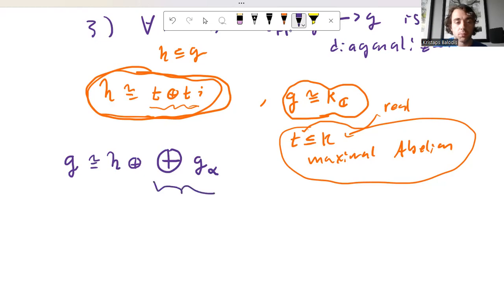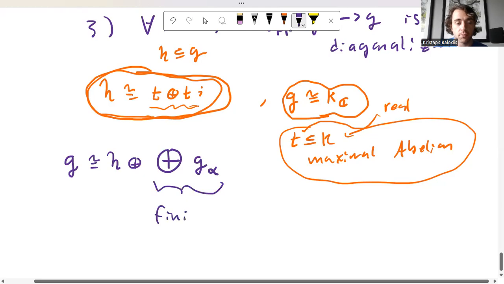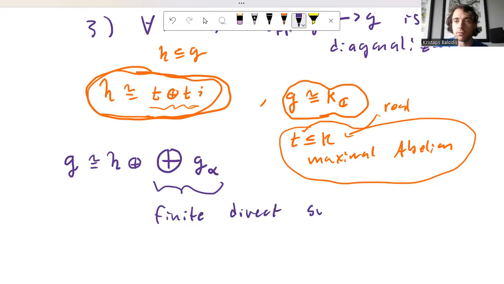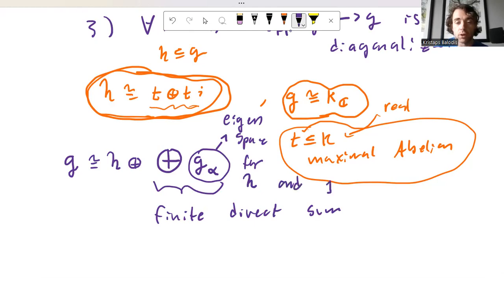This will be a finite direct sum, of course, since our Lie algebras in consideration are finite dimensional. And these spaces are eigenspaces for the Cartan subalgebra, and they're all one-dimensional.